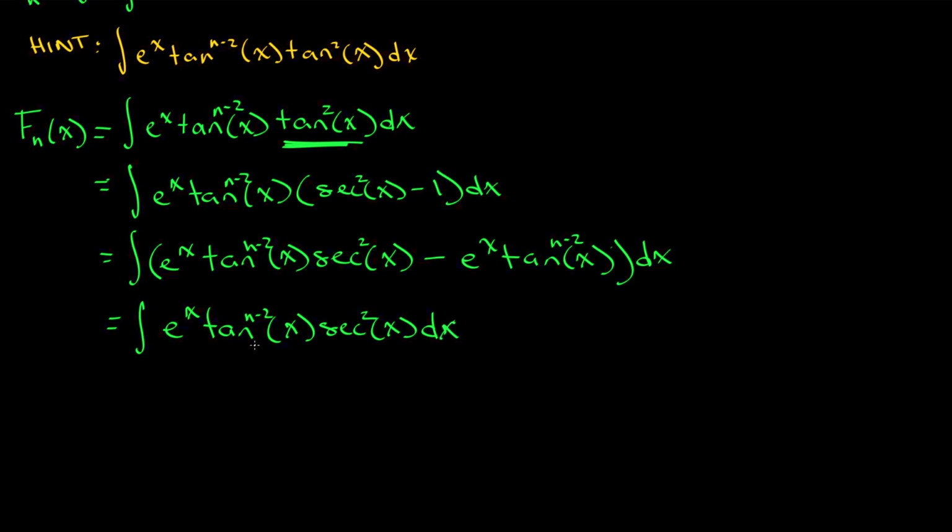So this is one of our integrals. And then we have minus another indefinite integral of e to the x times tangent of x to the n minus 2 power, integrating with respect to x. These are our two indefinite integrals.